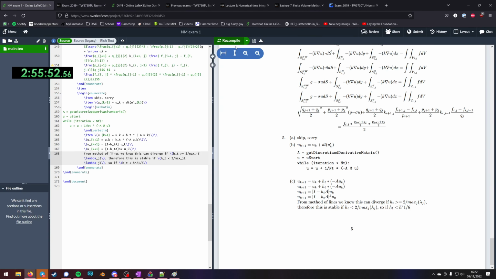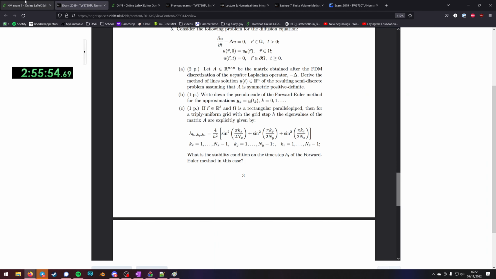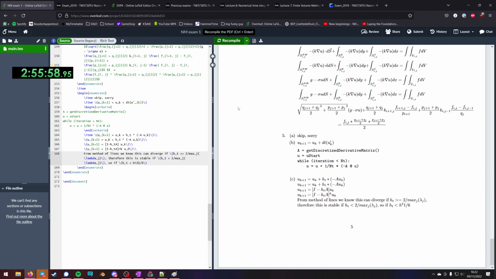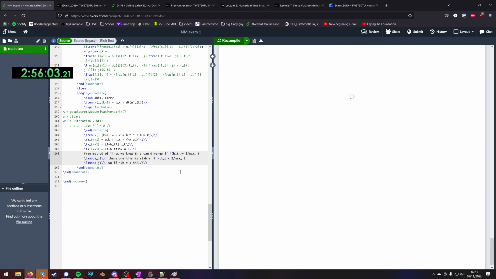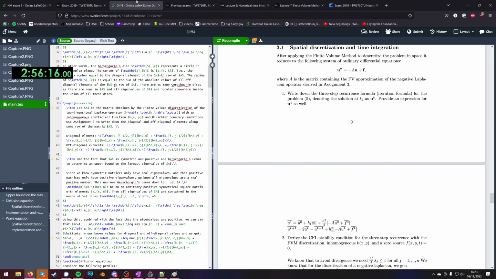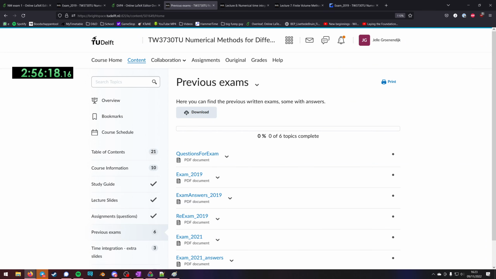Oh wait, there's a 4 there? No, that's the 12, yeah. Okay, so that's the stability of our method. We know it's stable if dt is less than h squared times 1/6. So we know this from the slides really almost.